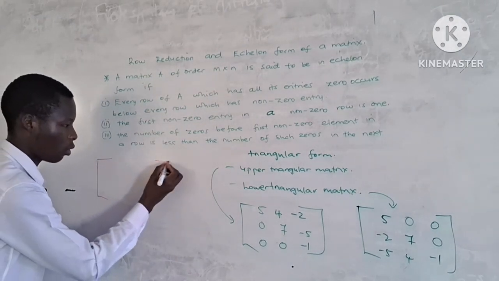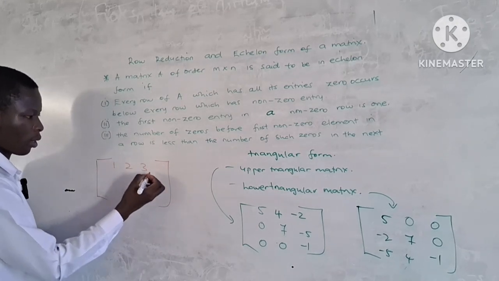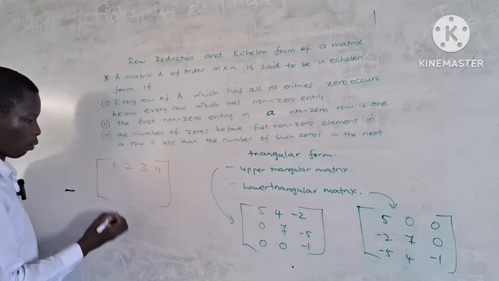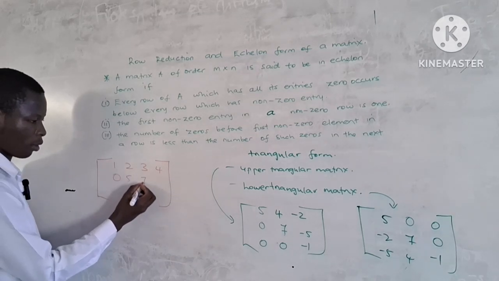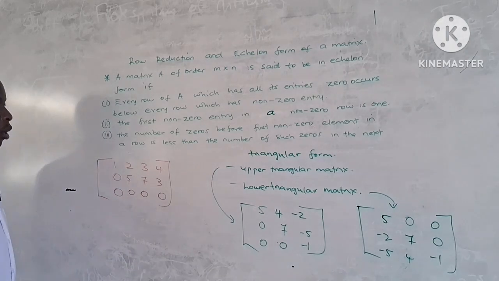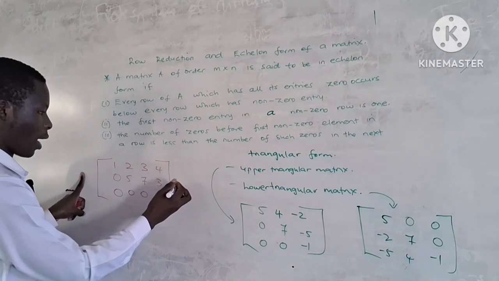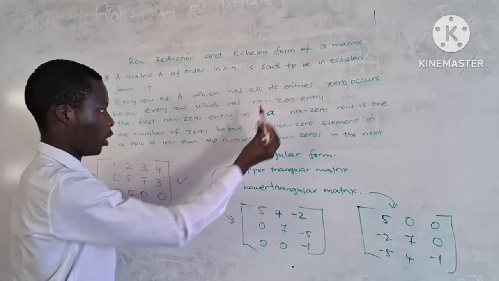Let's say we have 1, 2, 3, 4, then here we have 0, 5, 7, 3, then 0, 0, 0, 0. If you check, this matrix is satisfying the first condition.